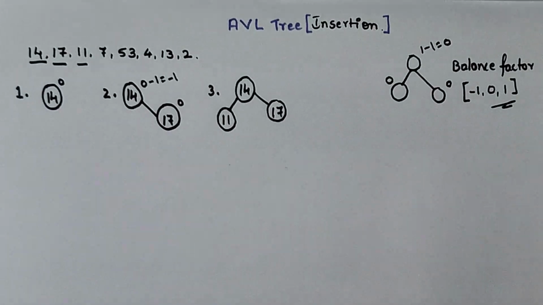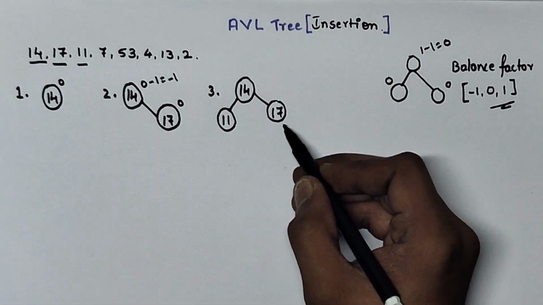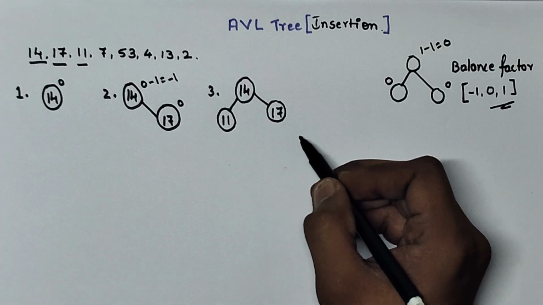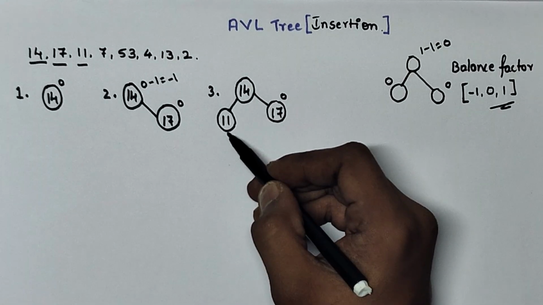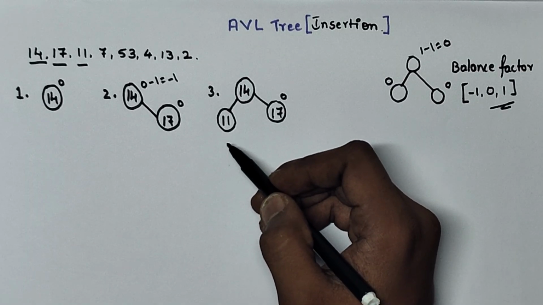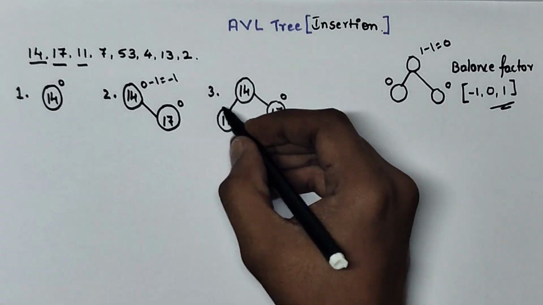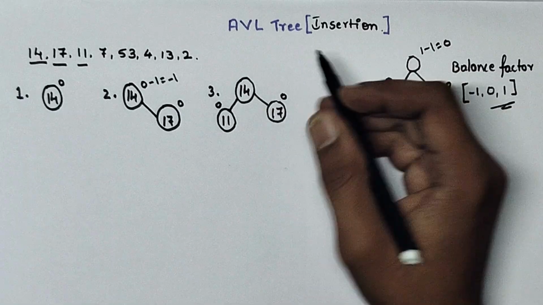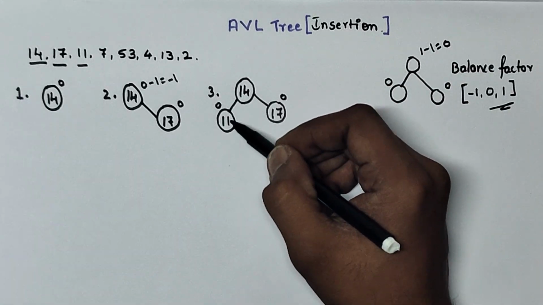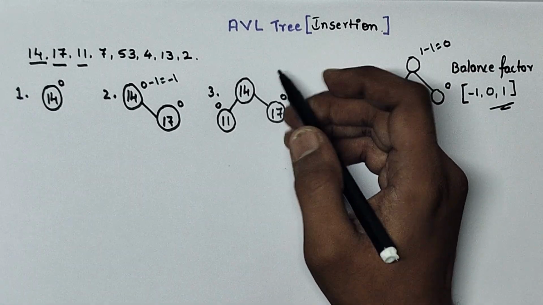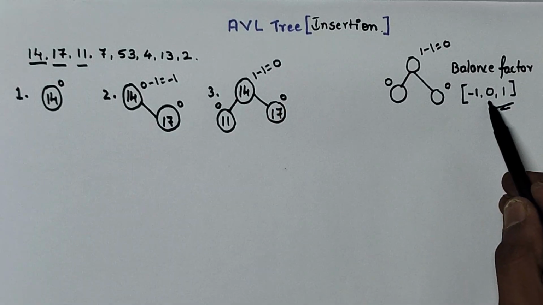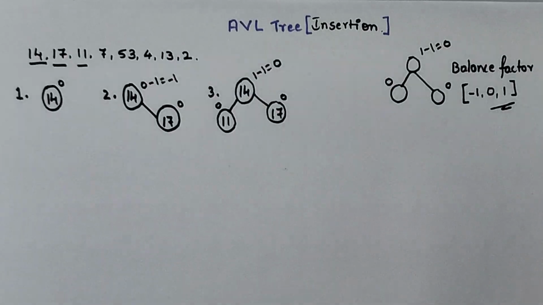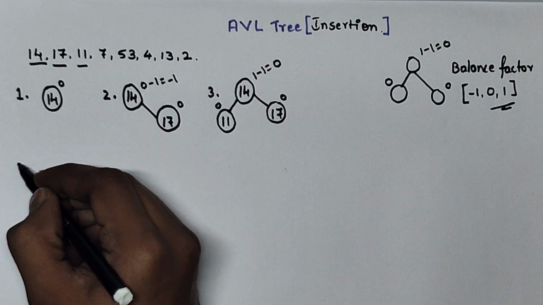Now again let's find the balance factor. For 17, no children are there, so left side minus right side is 0. For 11 also no children are there, so it is 0. For 14, one left node and one right node, so 1 minus 1 will be equal to 0. So 0 is allowed in the balance factor range, and we can proceed with the fourth step.